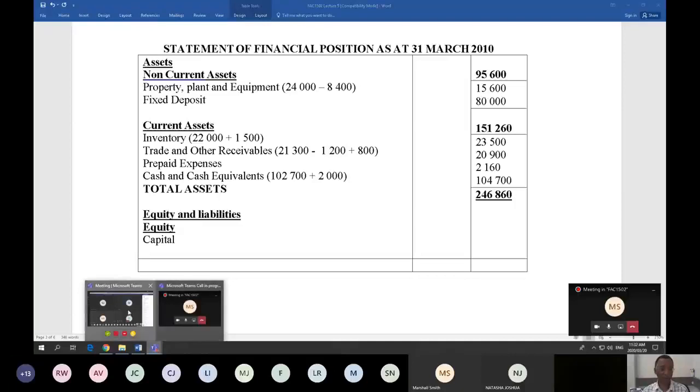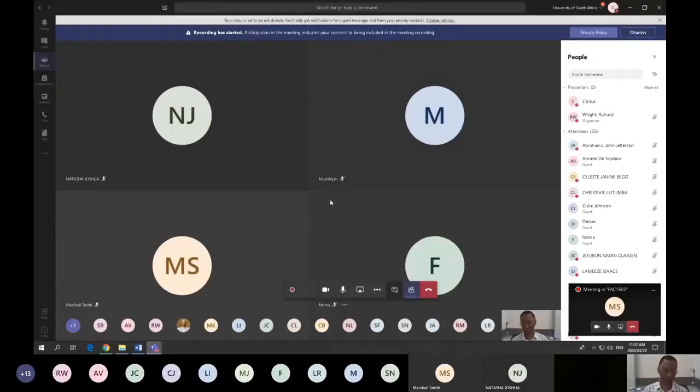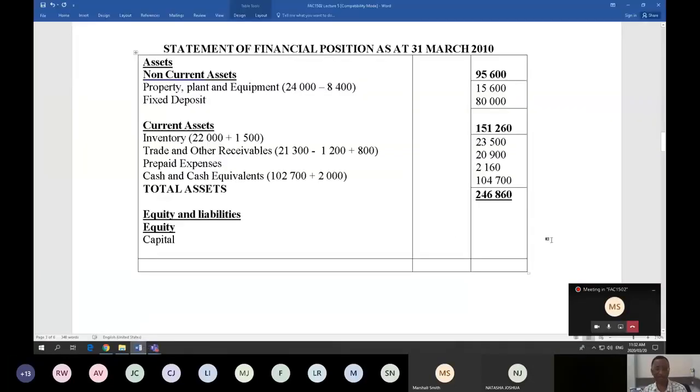And capital has been calculated already. You have calculated the capital. The balance of capital at the end of the financial year has been calculated in your statement of changes in equity. So go to your statement of changes in equity, and that is where you will find your capital balance at the end of the year.